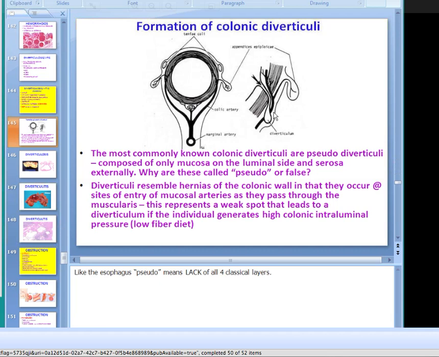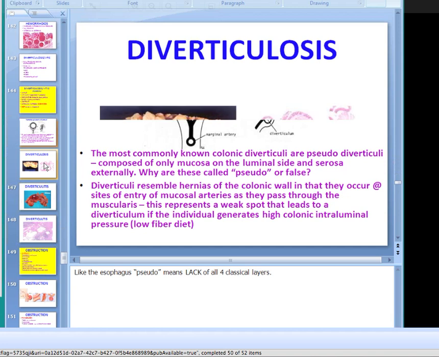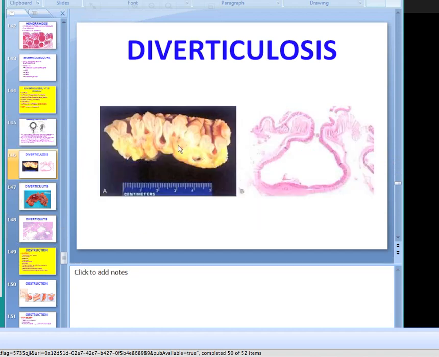Well, when you see all those big submucosal vessels, if you follow them through the muscularis, that's a theoretical weak spot. So most diverticuli occur in that area where you could see relatively large vessels traveling from the submucosa through the muscularis into the adventitia or serosa. That's your potential weak spot, and that's where the diverticuli appear.